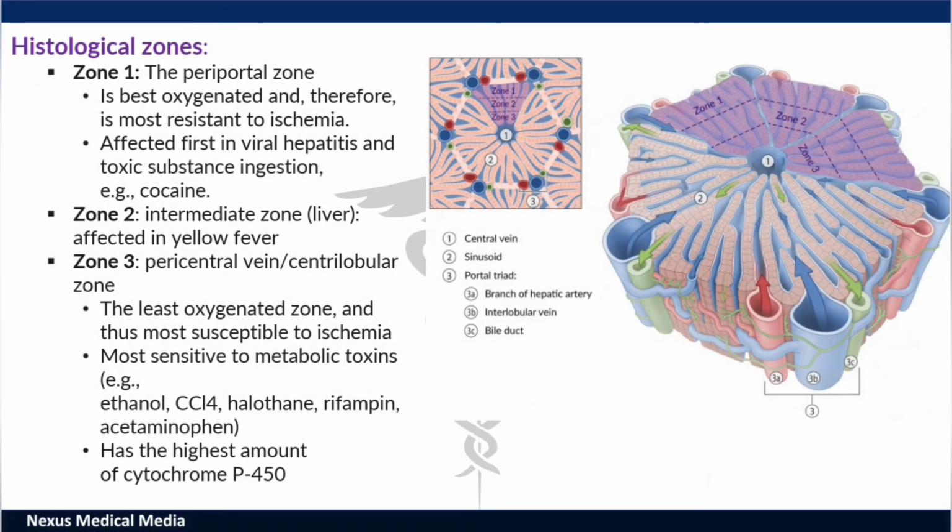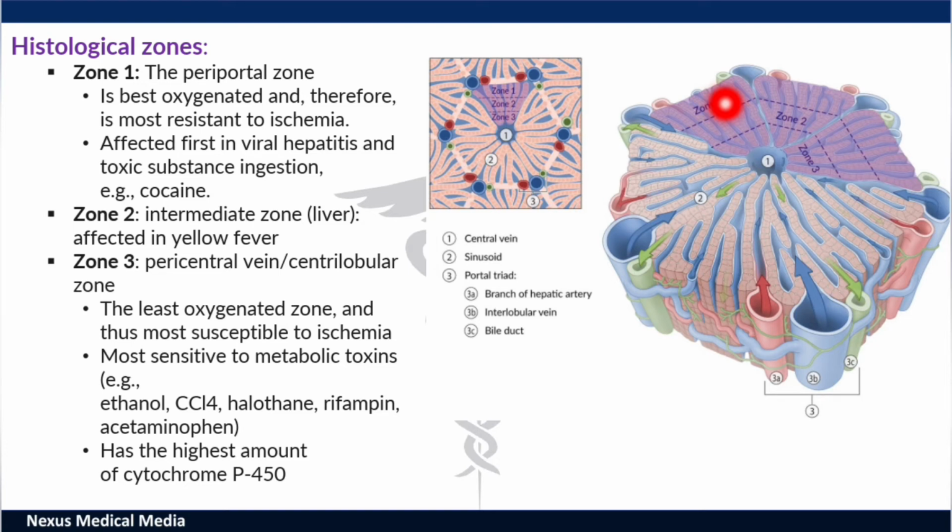Histological zones. Now let's talk about the hepatic acinus, or the liver acinus. As I said, it's very important. It's divided into different zones. From outside is zone 1, middle is zone 2, and close to the central vein is zone 3. What's the significance of zone 1?